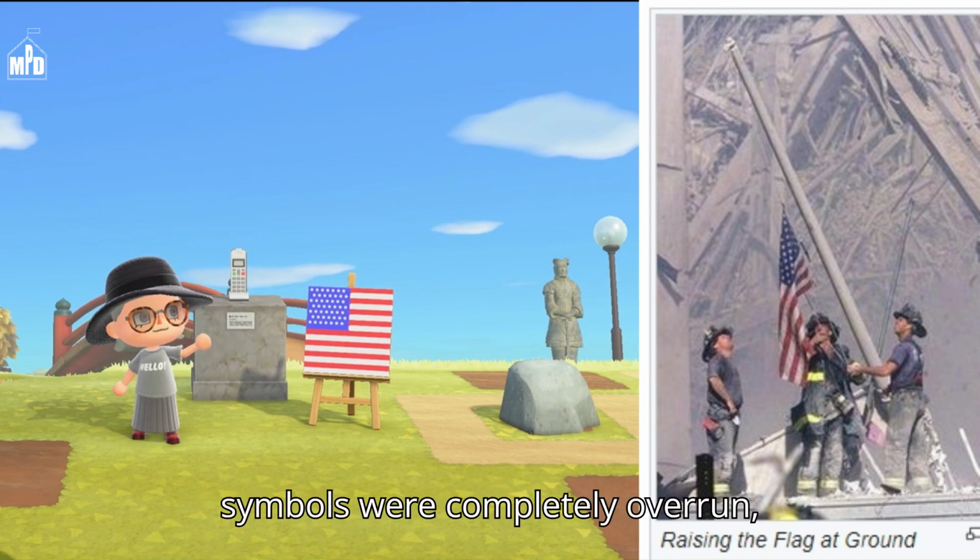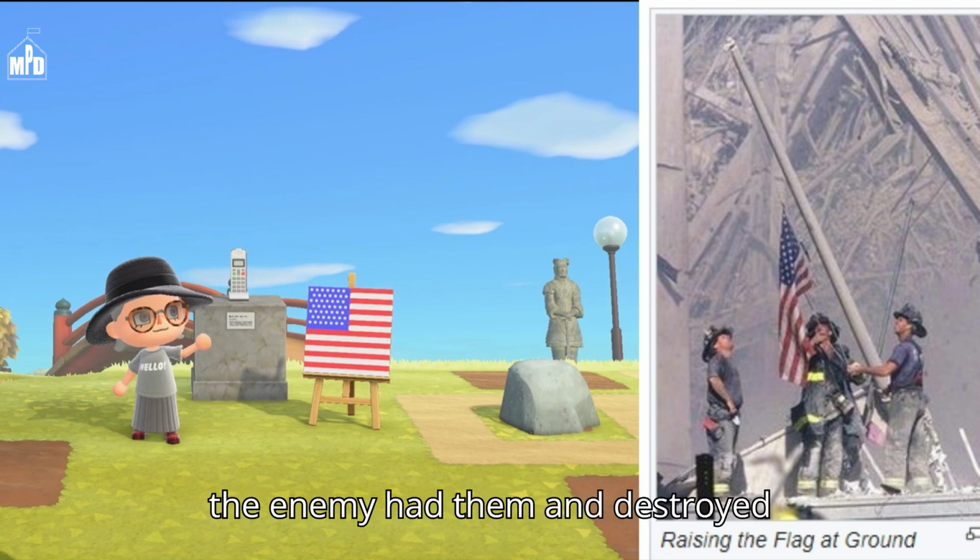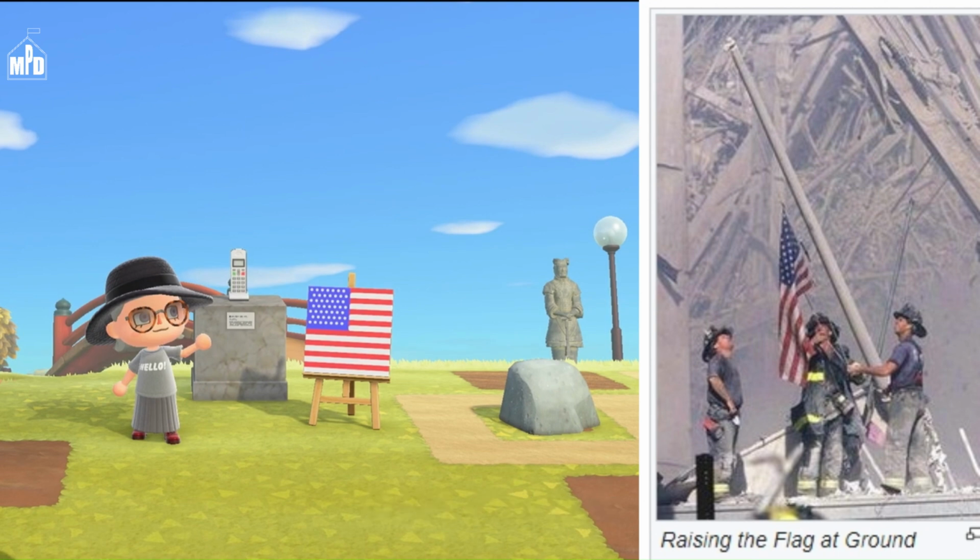If their symbols were completely overrun, the enemy had them and destroyed them, then they were defeated. And so these symbols that we use to convey the state of our being as a collective go back millennia.